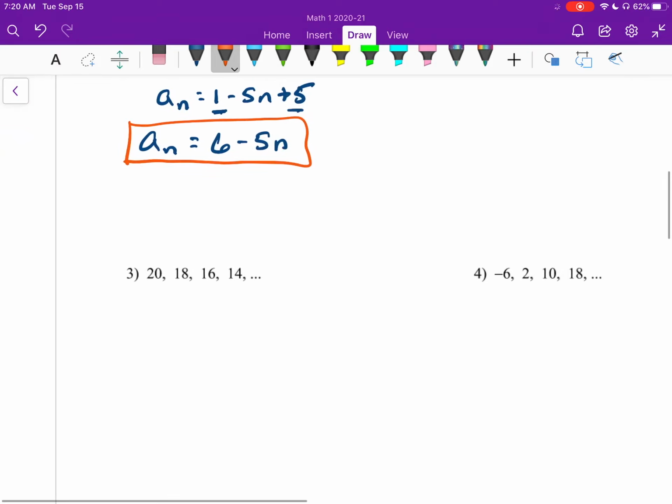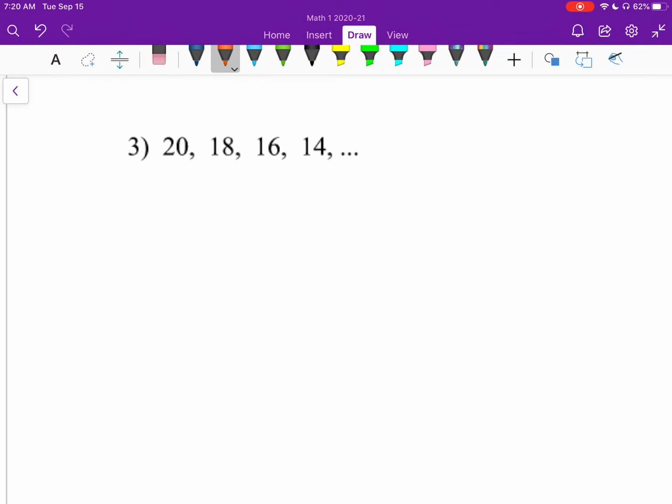All right, number 3. To get from 20 to 18, we subtract 2. 2, and 2. Yep, all three of them we got -2. So a sub 1, oops, not a sub n, a sub 1 is 20. The common difference is -2.